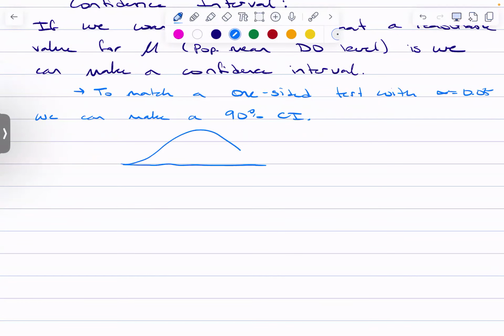It tells us how many standard errors I need to move out from my sample mean. So our sample mean was 4.77. And I'm going to go up 1.76131 and down 1.76131. And that's why it's plus minus T star.